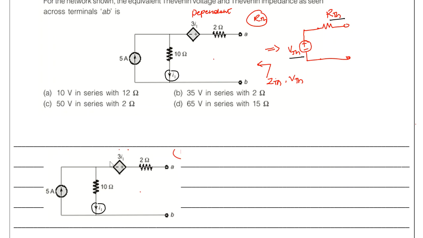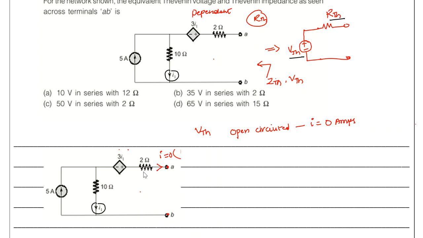First, for finding the VTH, the terminals here should be open circuited. As it is open circuited, what about the current flowing in this element? In open circuited terminals, the current will be 0 amps.